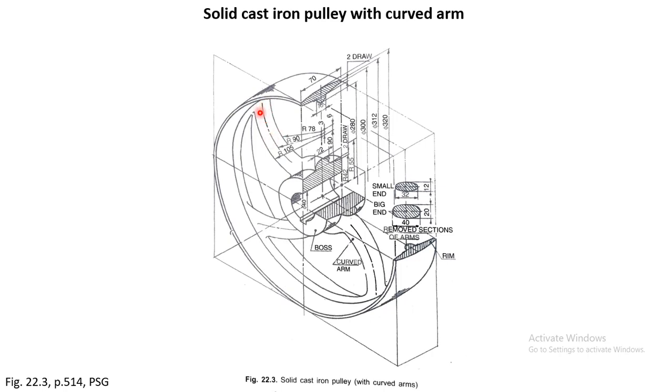So this curvature is provided so that there is enough length that even if there is contraction, this length will be sufficient and there will be no crack development. This is the reason why this arm is in curved form.